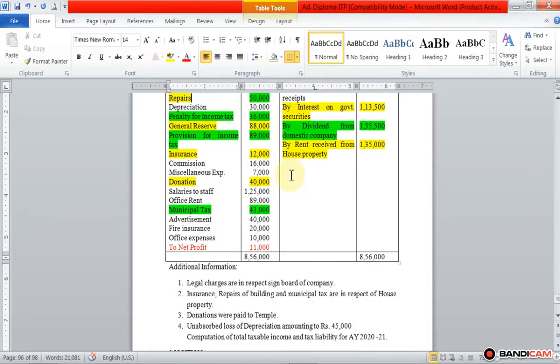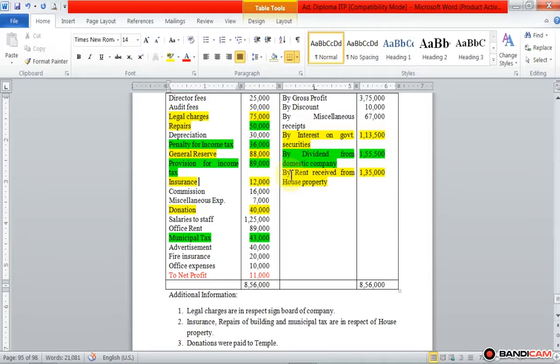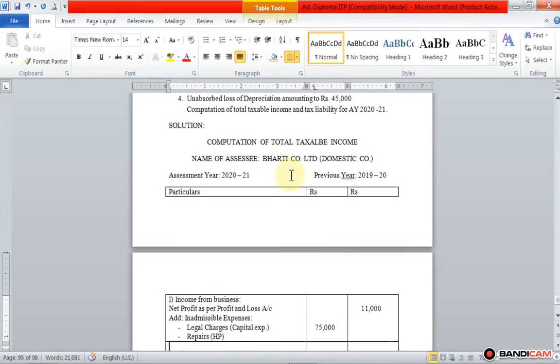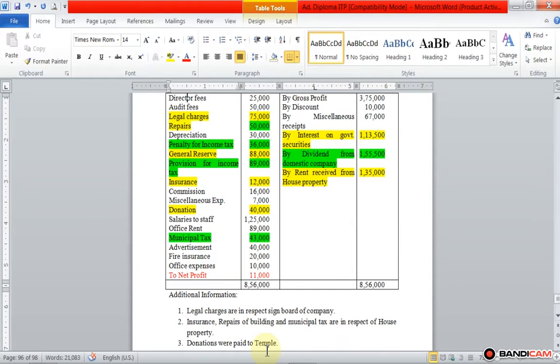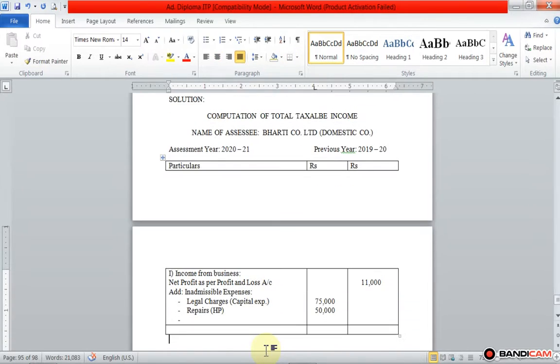Here the whole amount of repairs relates to the house property. Then another disallowed expenditure, that is penalty for income tax, 36,000, disallowed.